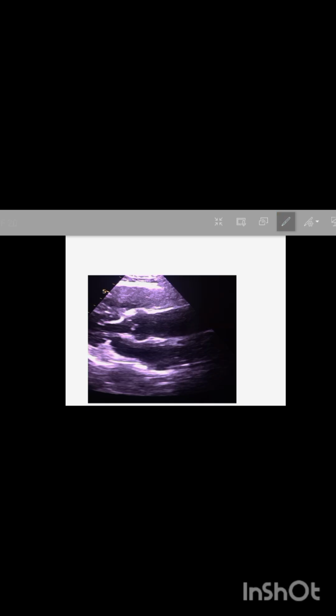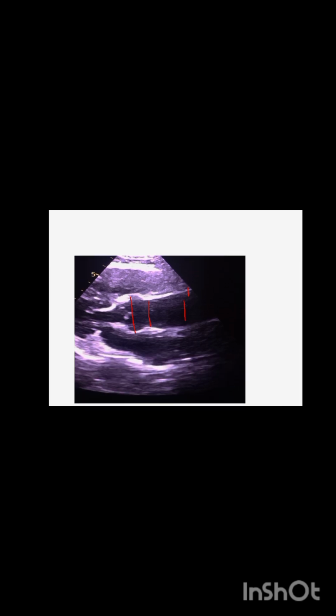As you see in the earlier diagram, this is the sinus of Valsalva, this is the ascending aorta, and this is the sinotubular junction, a narrowing of the aorta, between the Valsalva and the ascending aorta.